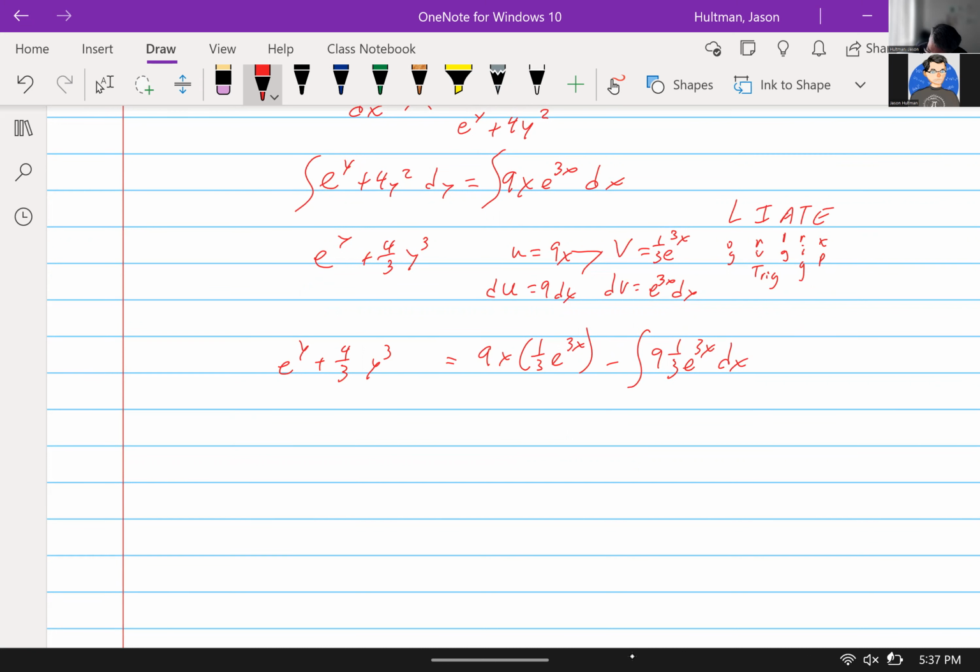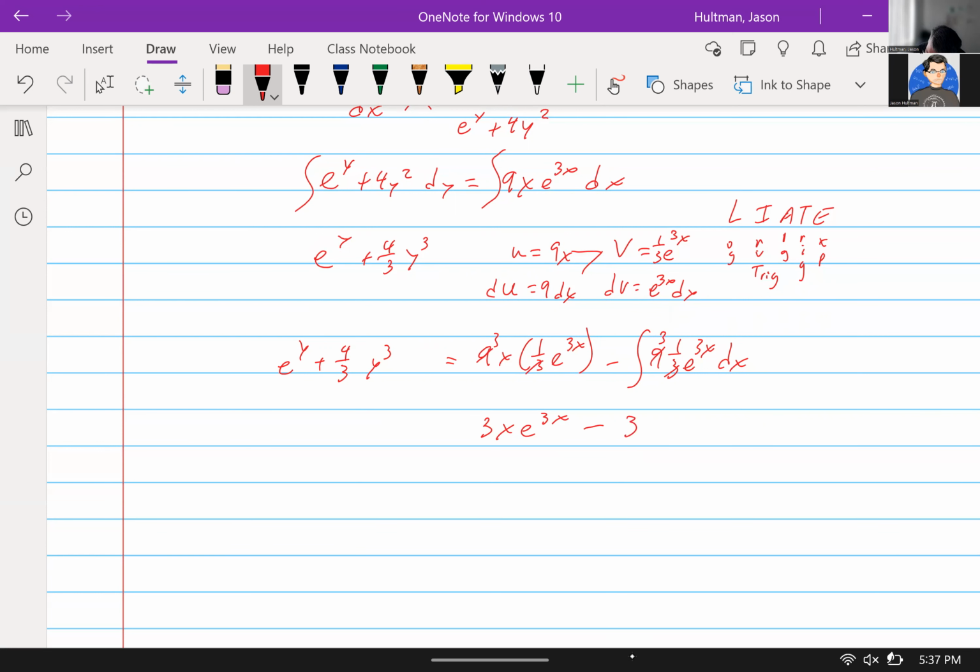Okay, and so the 9 and the 3 cancel to leave me a 3, so that's 3x e to the 3x. Okay, minus, this is again going to cancel, leave me with a 3. The integral of 3 e to the 3x is just another 1/3 e to the 3x.